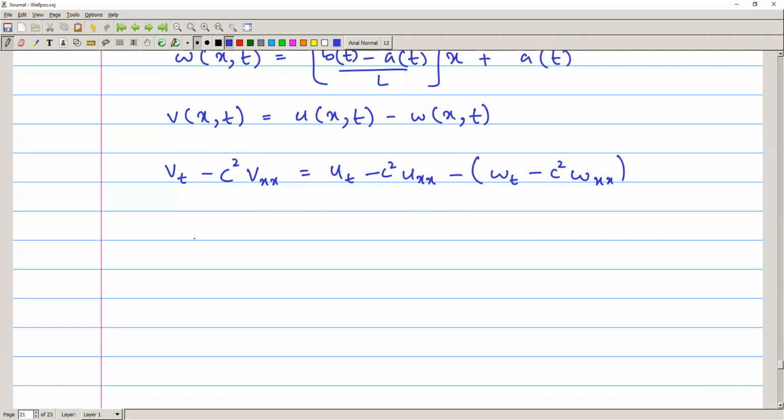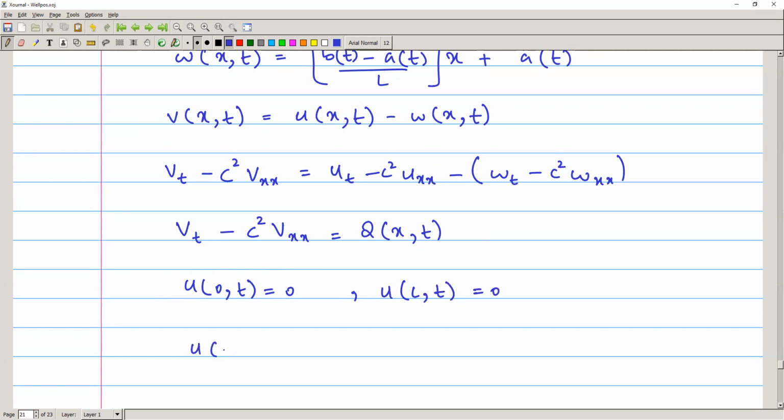By using this form, we may get an equation of the form v_t minus c squared v_xx equals some function of x and t, and then the boundary conditions may be transformed like this: v(0,t) equals 0, v(L,t) equals 0, and v(x,0) is some function of x.